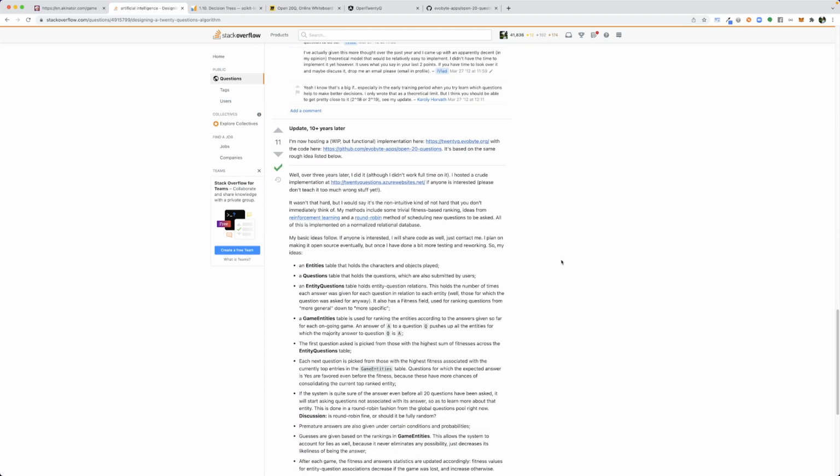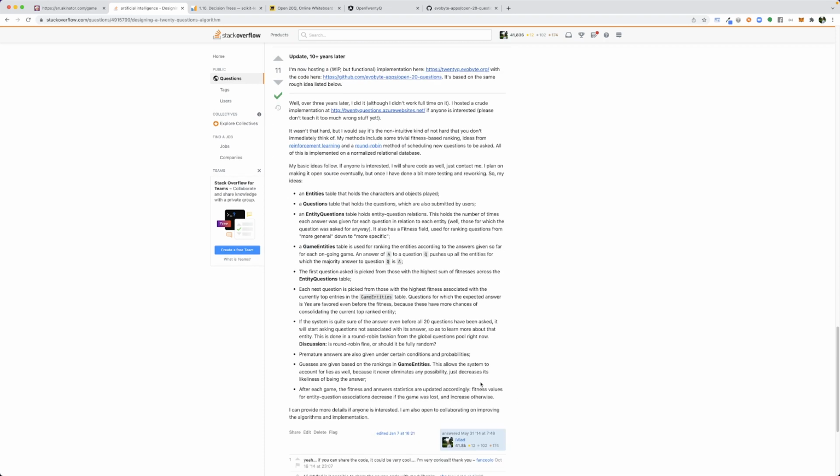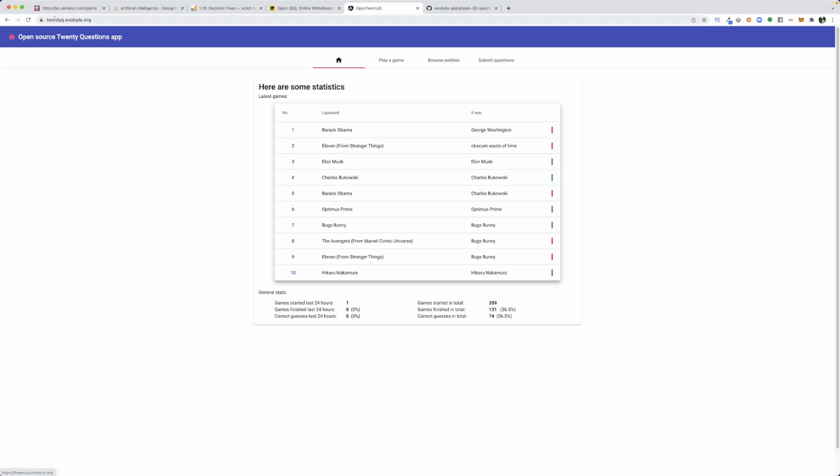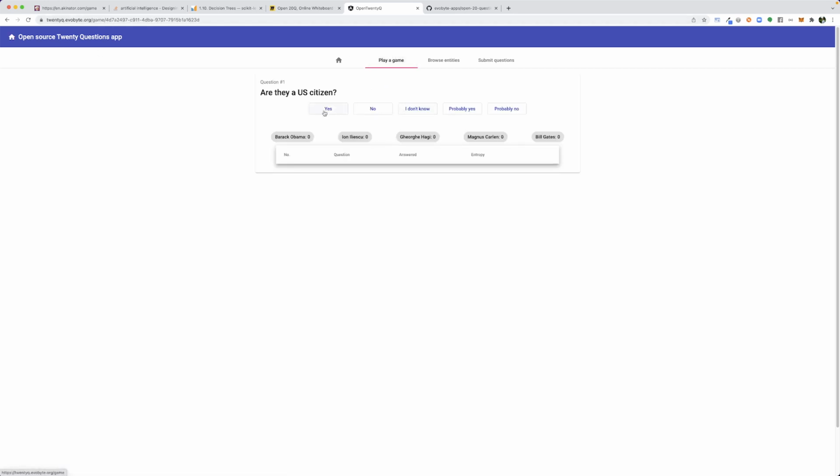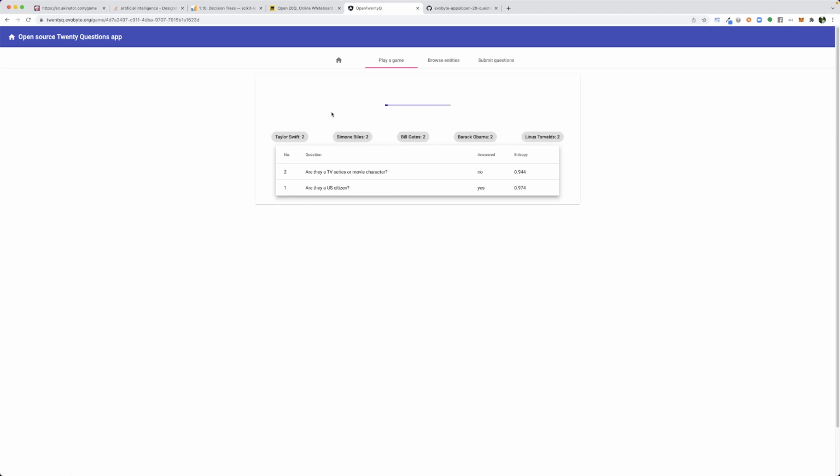But the good thing is that I described here myself an algorithm or the basic ideas of it, and today I have it re-implemented in Python and hosted on GitHub and on an actual website that you can use to play my own implementation.